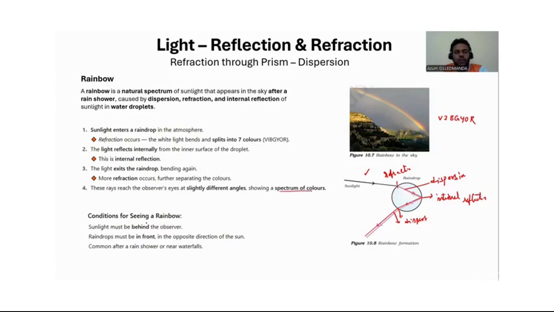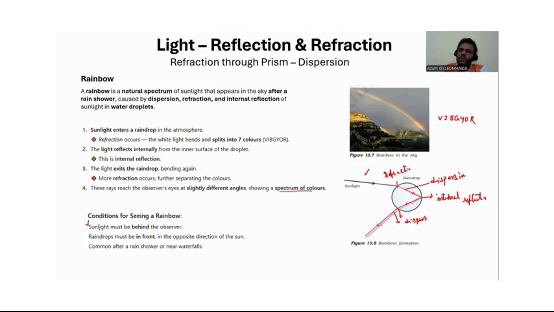Now, what are the conditions for seeing a rainbow? We have a rainy season almost 3 to 4 months in a year, but we won't see a rainbow every time it rains, right? So in which scenario can we observe a rainbow? The sunlight must be behind the observer.